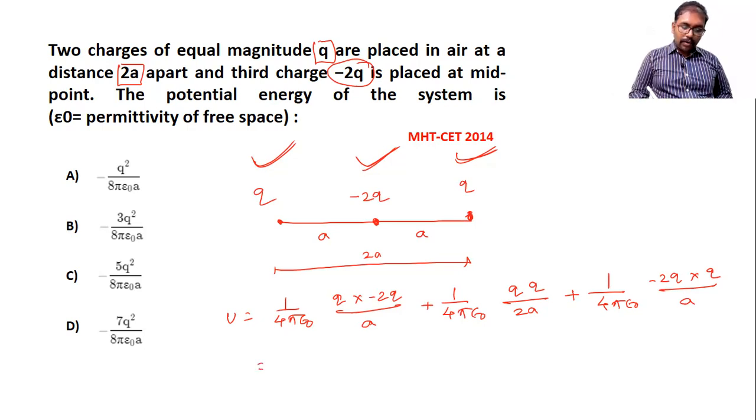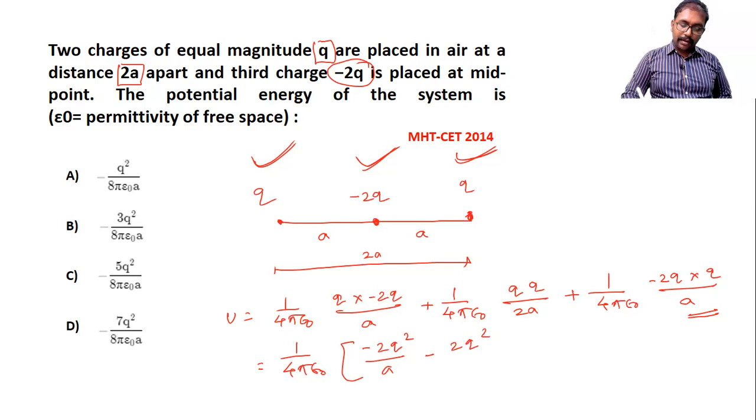Now 1 upon 4 pi epsilon 0 is common. Then I can write here minus 2q square by a. And this term is also the same, minus 2q square by a. And this middle term is plus q square by 2a.